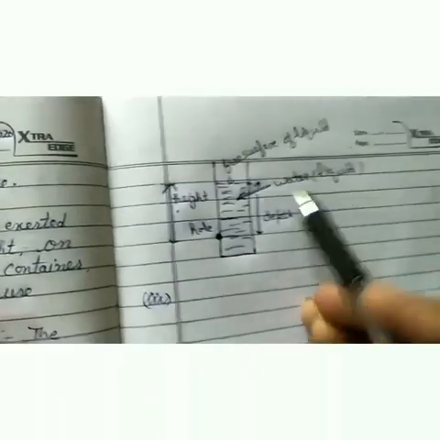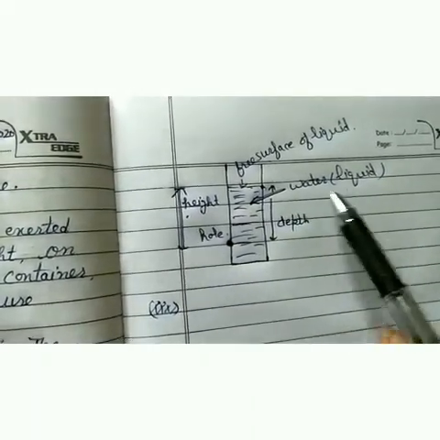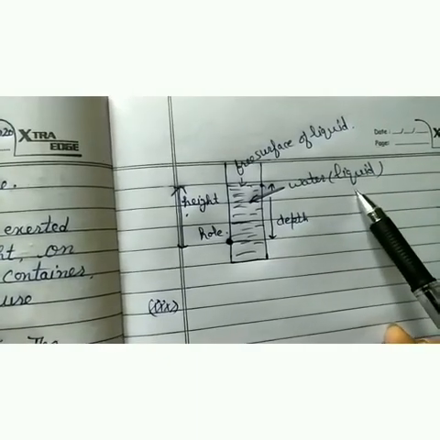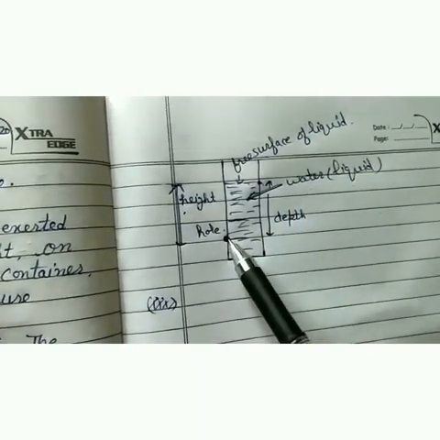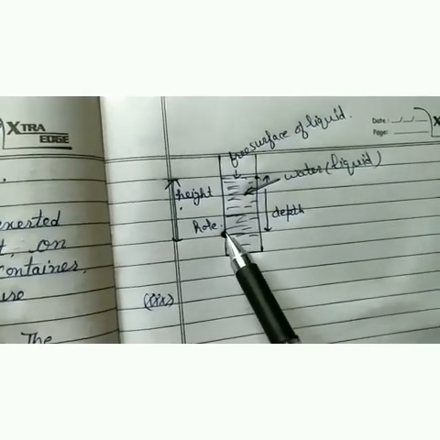For this, let us consider we have a container in which we have already filled a liquid, you can take any liquid here. Suppose this is the point, suppose a hole is there, whichever point you have where you want to find out the liquid pressure.